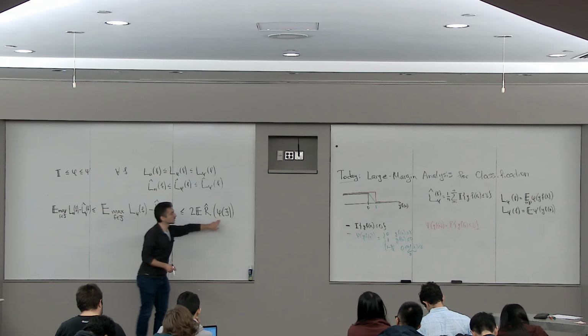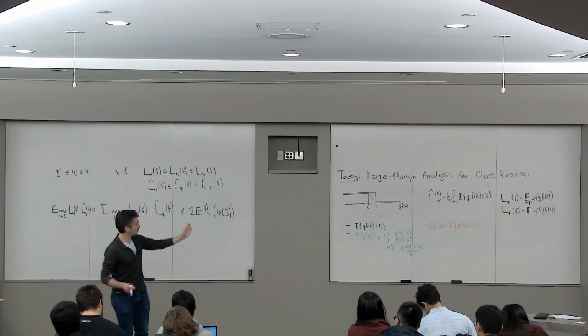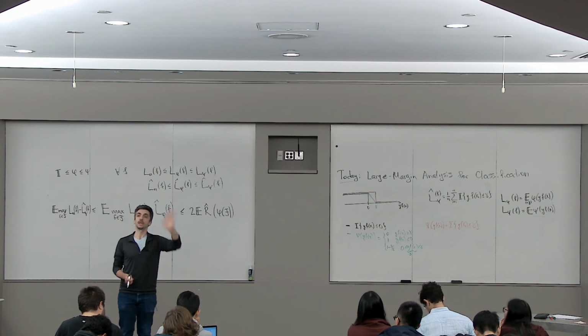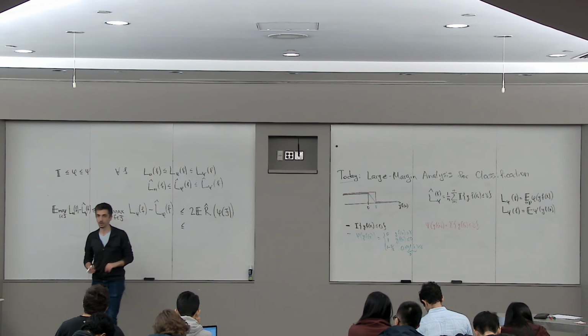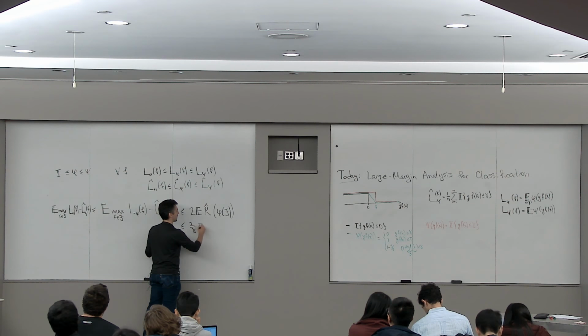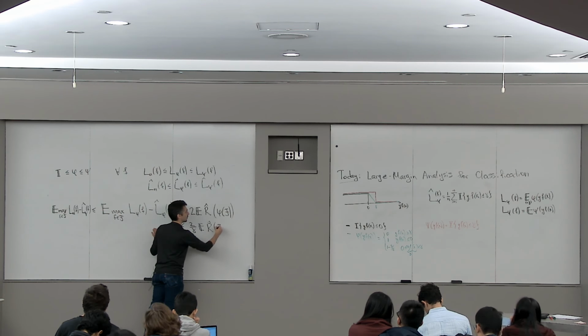But phi is Lipschitz. It's 1 over gamma Lipschitz, right? The slope of that transition, the slope of the ramp, is 1 over gamma. So we can get rid of the phi by one of the properties that you saw before. And therefore, this is upper bounded by 2 over gamma expected R hat of f.